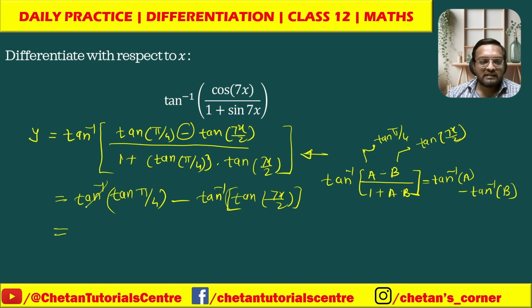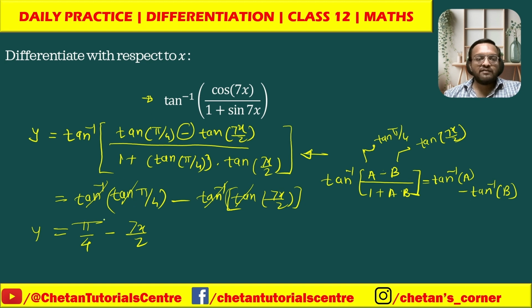Now here you can see that this tan inverse and tan will get cancelled. So I will be left with pi by 4 minus 7x upon 2. So in this way, we simplify this given function of tan inverse of cos 7x upon 1 plus sin 7x.